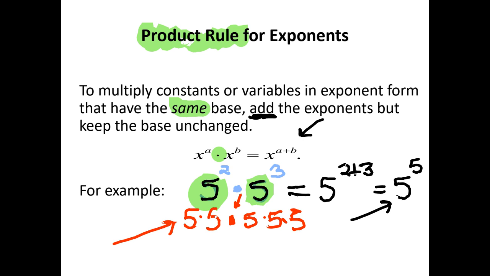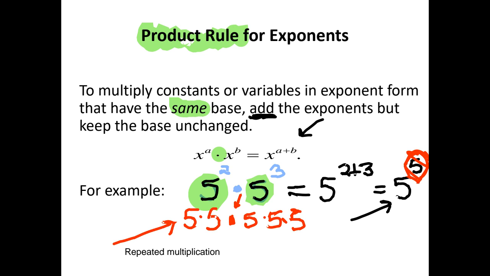This was repeated multiplication. Remember that lovely stuff we did? We took an exponent, and 5 with the little 2 meant I had 2 5s. 5 with the 3 meant I had 3 5s.